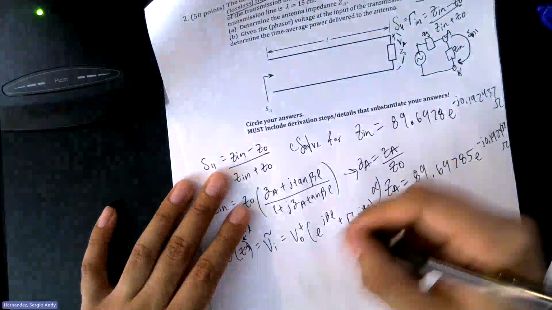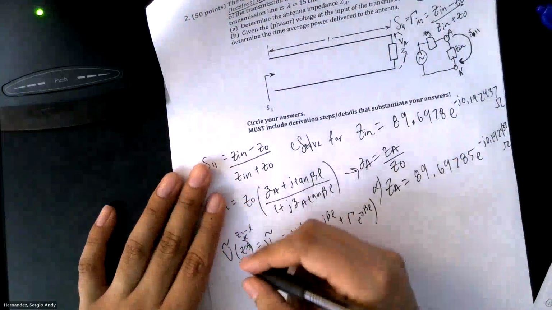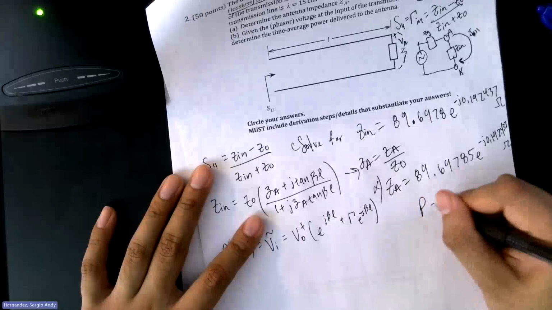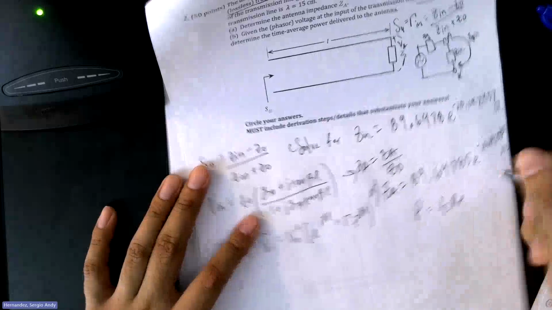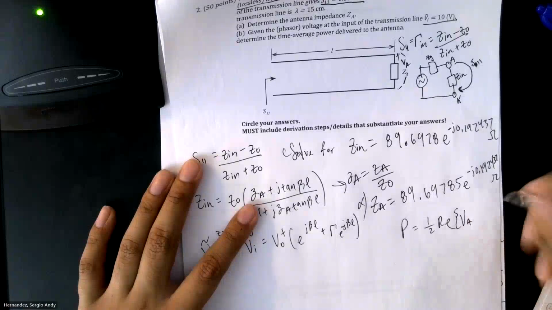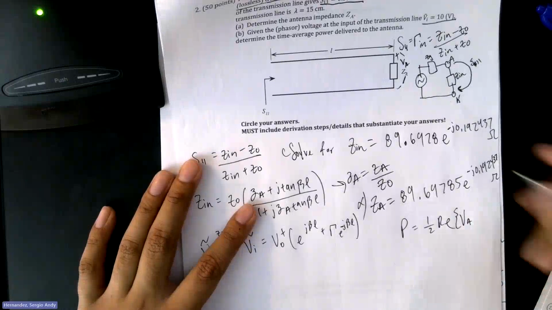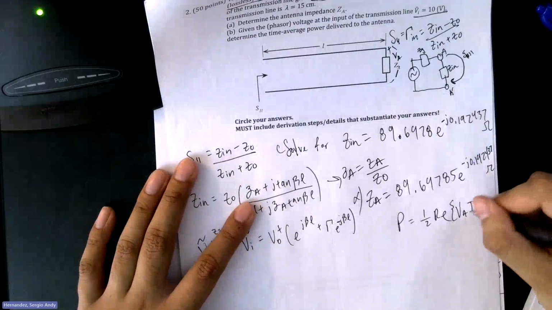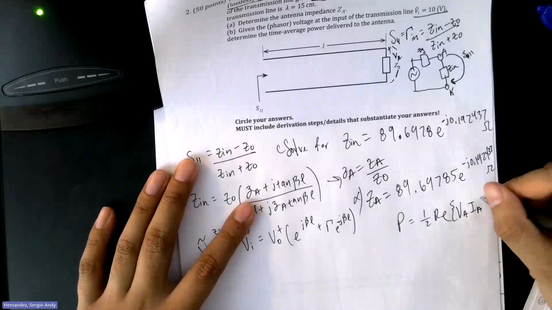So your power equation is going to be P equals 1/2 real of your voltage across the antenna and your current across the antenna conjugate.